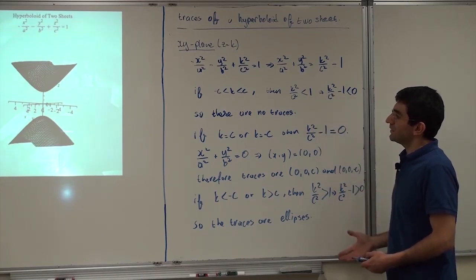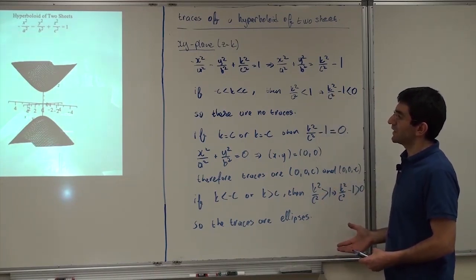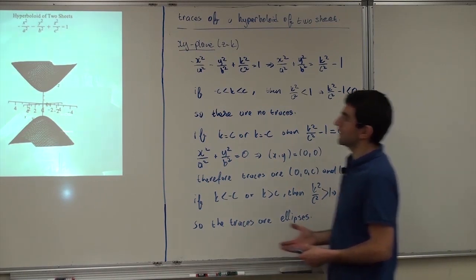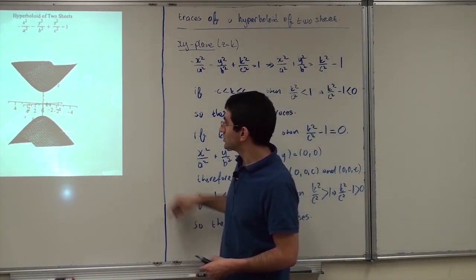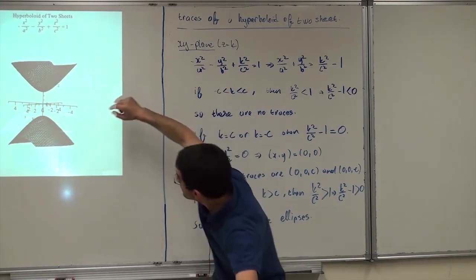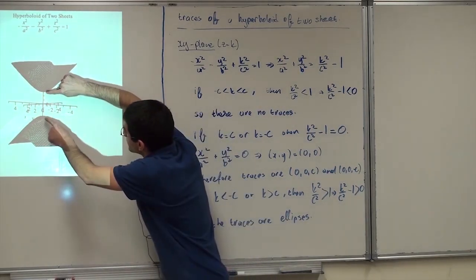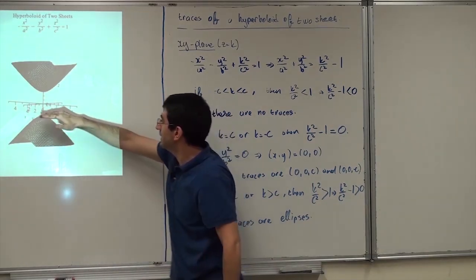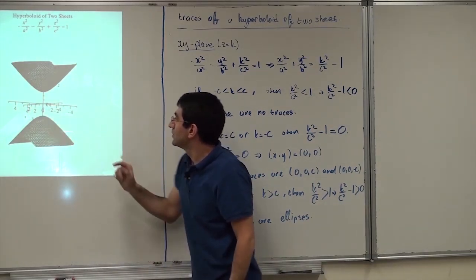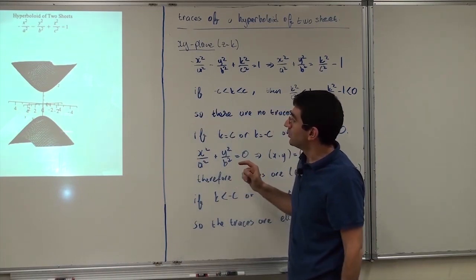Now, we can confirm this investigation of traces by looking at the graph of the hyperboloid of two sheets. If I choose planes between these two points, which are parallel to the xy plane, then there will be no intersection, which means there will be no trace.